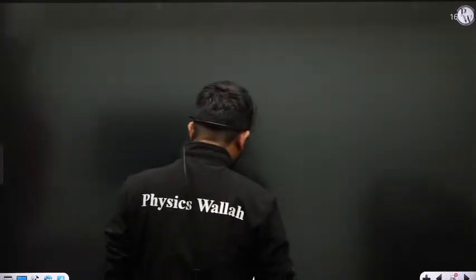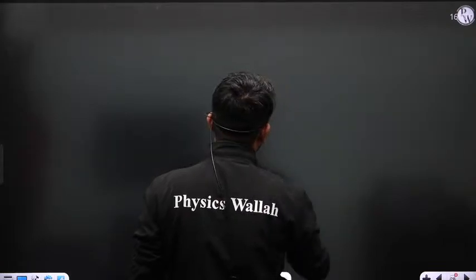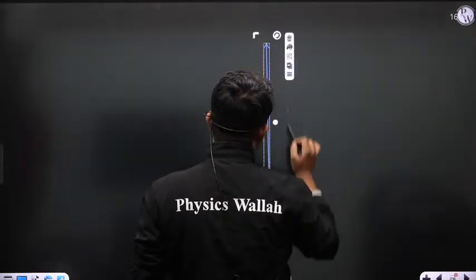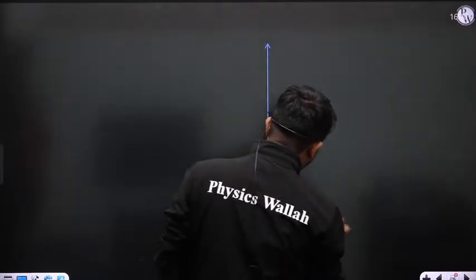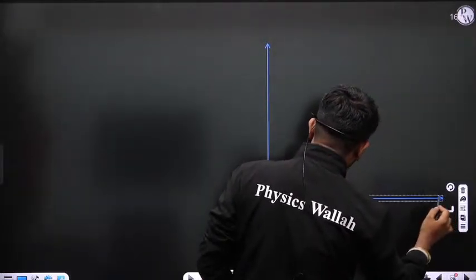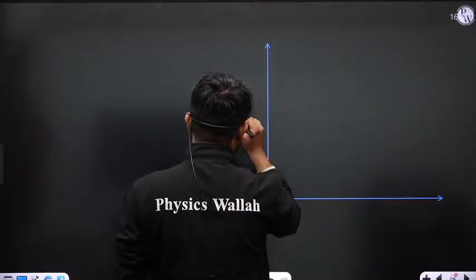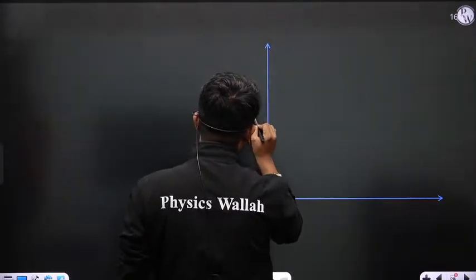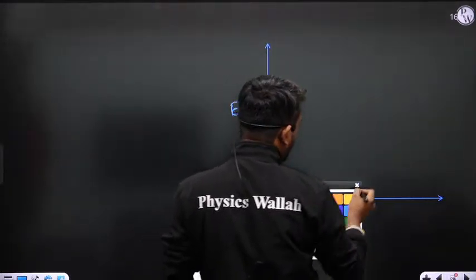Okay, so if you are observing the E_b lambda versus lambda graph, E_b lambda means monochromatic emissive power of a black body. So this is the graph. See here.